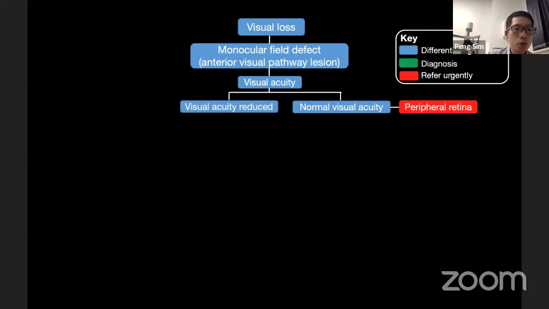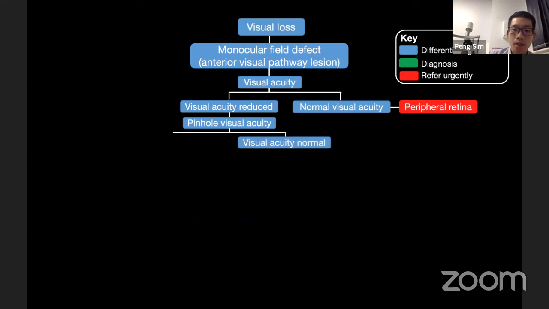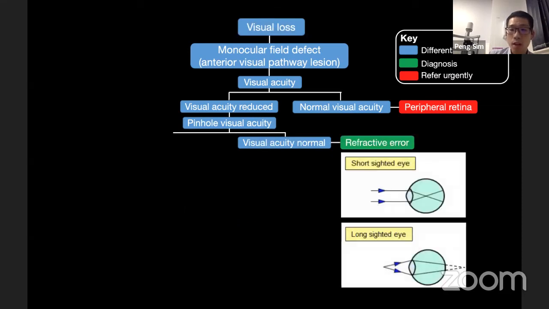If the visual acuity is reduced, then remember, as we've said, if the vision is not 6/6, you should always repeat the visual acuity with a pinhole. If the visual acuity improves with pinhole, then you'll be reassured that this is just a refractive error.